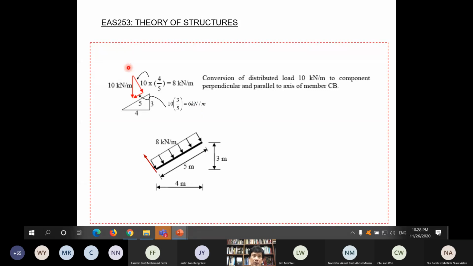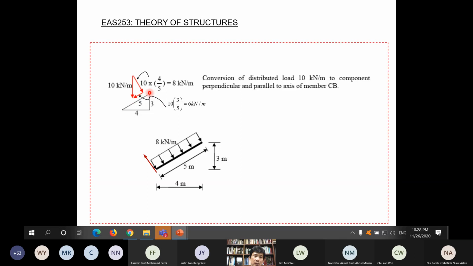So only the component which is perpendicular to the member will affect the shear force and bending moment. Only the component which is perpendicular to the axis of the member, in this case this one, 8 kilonewton per meter, will affect the calculation of shear force and bending moment.